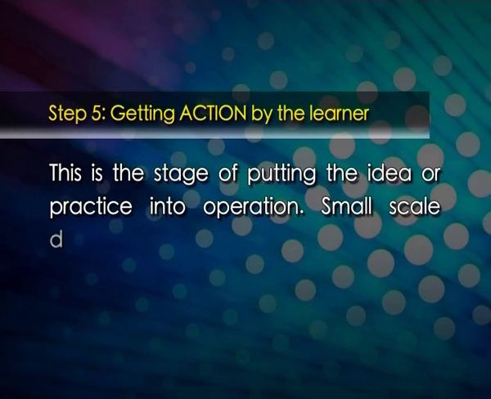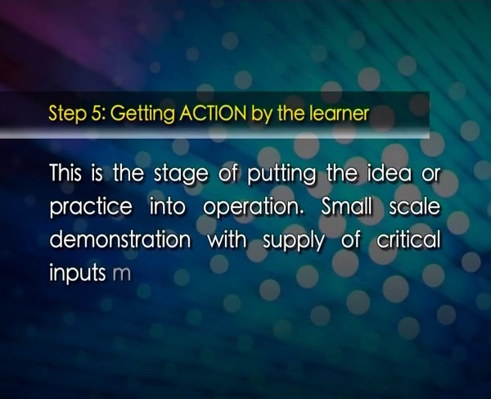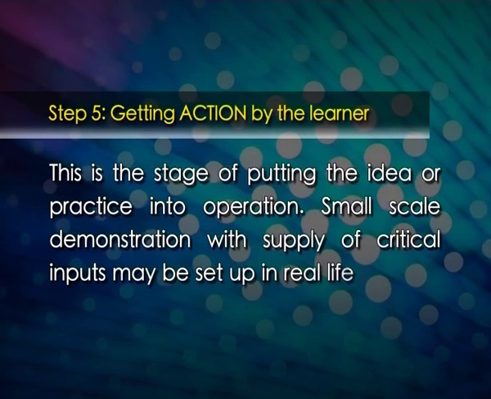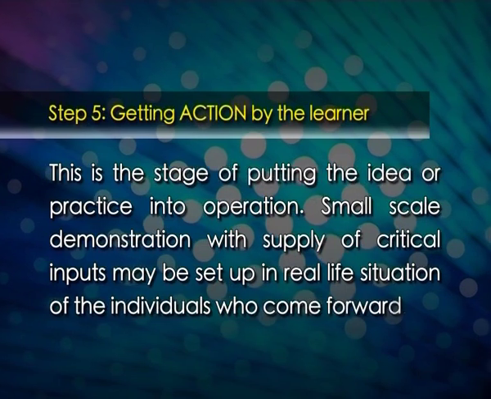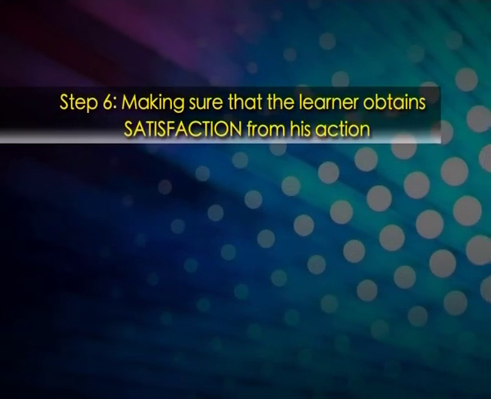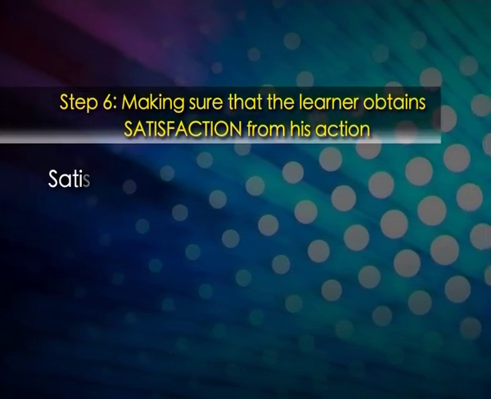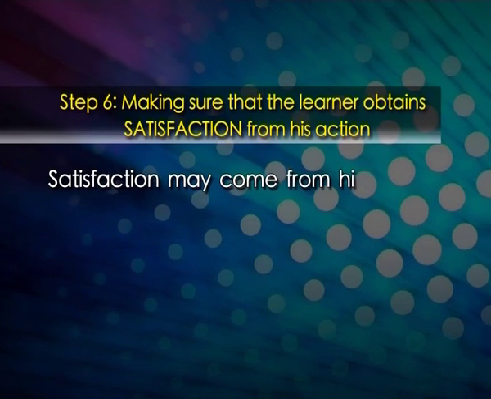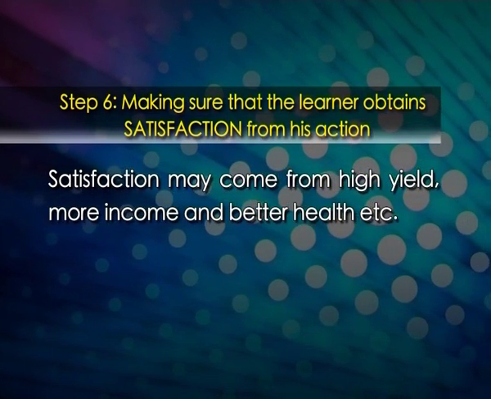A small-scale demonstration with supply of critical inputs may be set up in the real-life situation of the individuals who come forward. Step 6. Making sure that the learner obtains satisfaction from his action. Satisfaction may come from high yield, more income, and better health, etc.